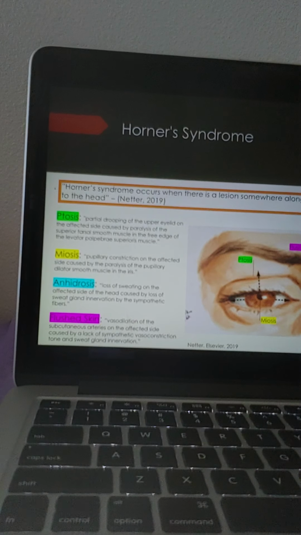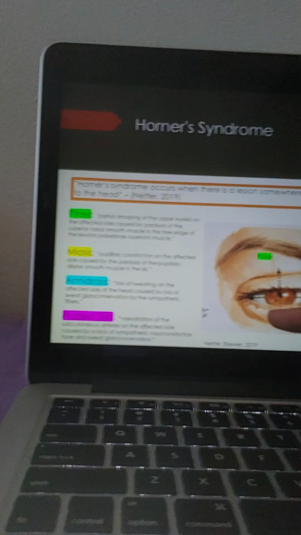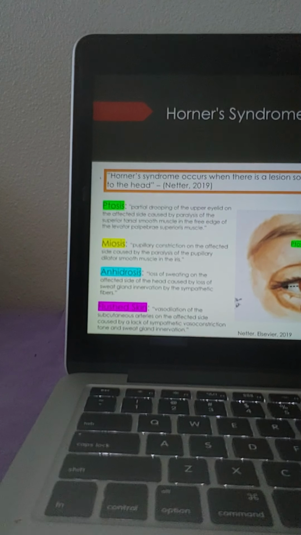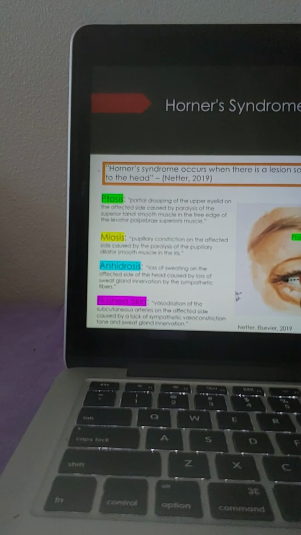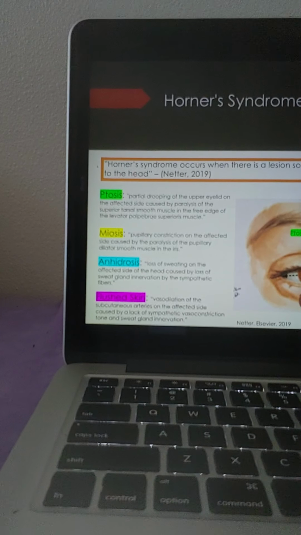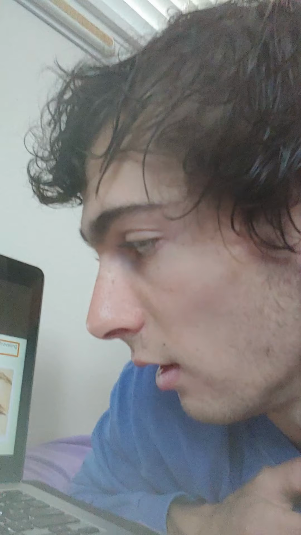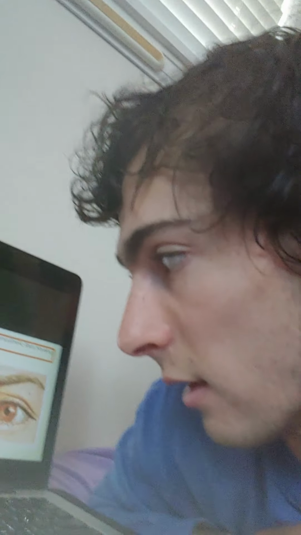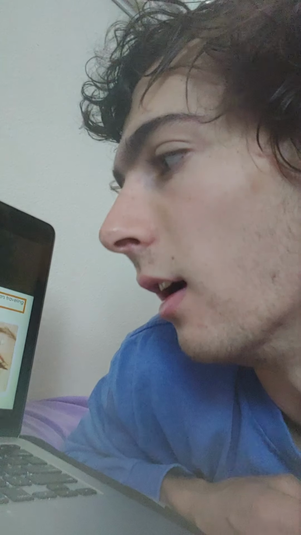Flushed skin, vasodilation of the subcutaneous arteries on the affected side caused by a lack of sympathetic vasoconstriction. Yeah, so your skin will be vasodilated, and the sympathetic nerves that constrict your capillaries won't constrict, and you will have very red skin.